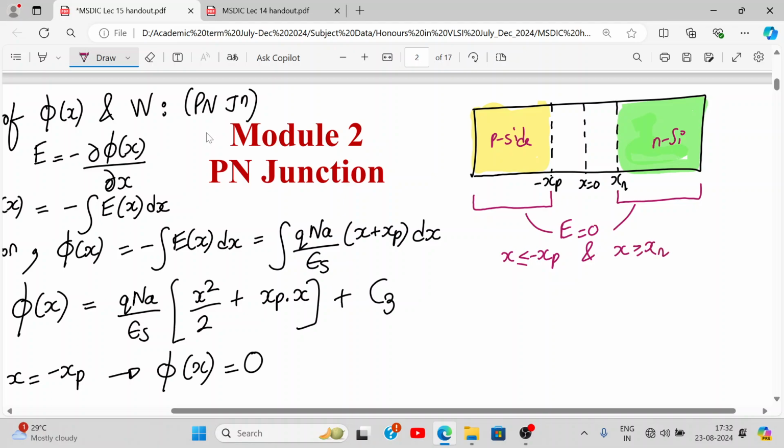When is the electric field non-zero? For x greater than minus xp and x less than xn. That means the electric field is present only in this depletion region.